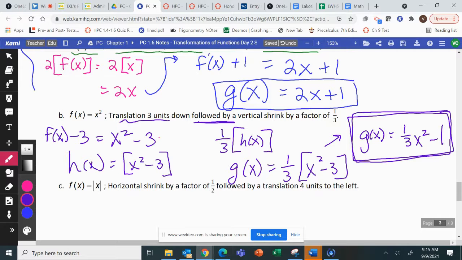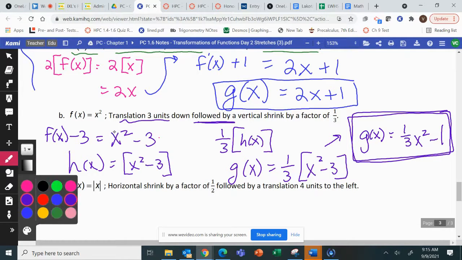Can you guys guess where people make mistakes on this? Do you mean like they stop here? Yeah. That's not the biggest mistake made. Usually they just put the 1/3 in front, but they don't actually multiply it by distributing.